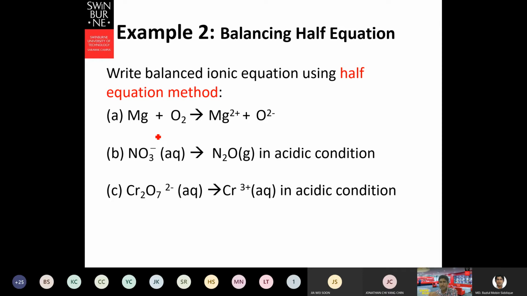The other elements we balance first. Later we will balance oxygen by forming it as water, not just oxygen itself, so that the oxygen is balanced.